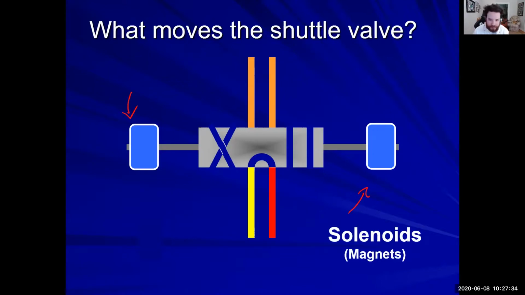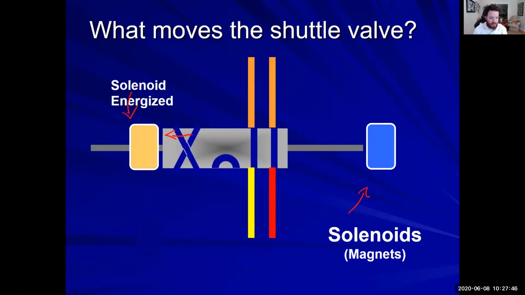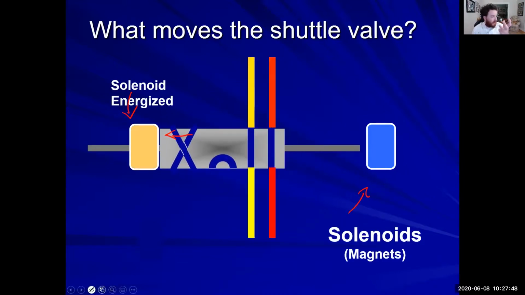In their de-energized state, they are not pulling in anything. But as soon as they energize, they're going to pull in that piece of steel or that magnet, depending on what they're using.